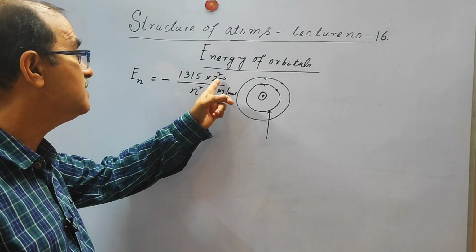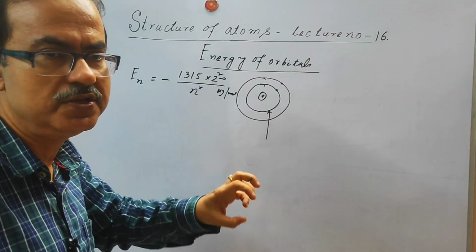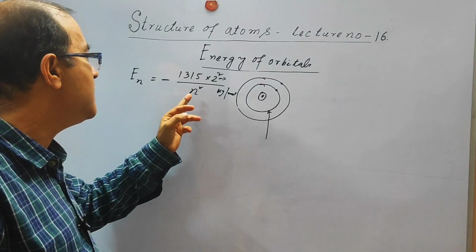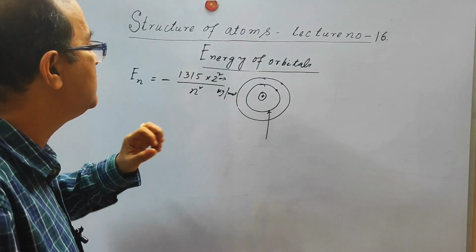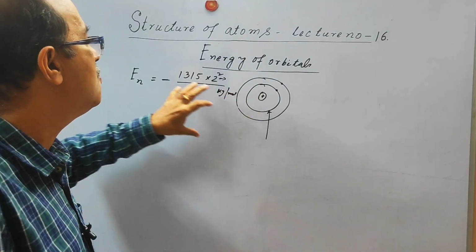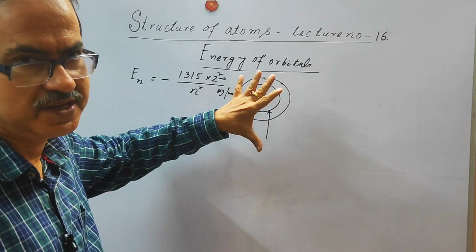So as Z increases, the energy of the electron decreases, and as n increases, it is farther away from the nucleus, so the energy increases.